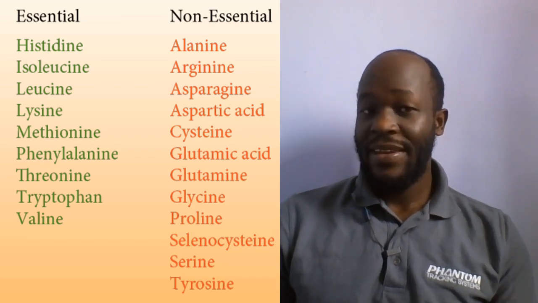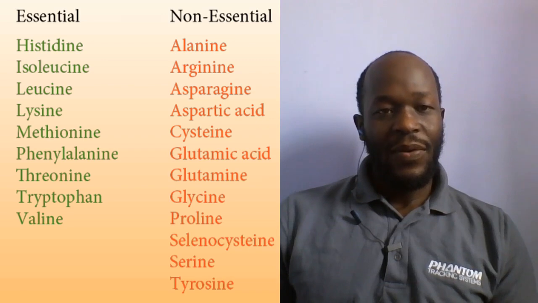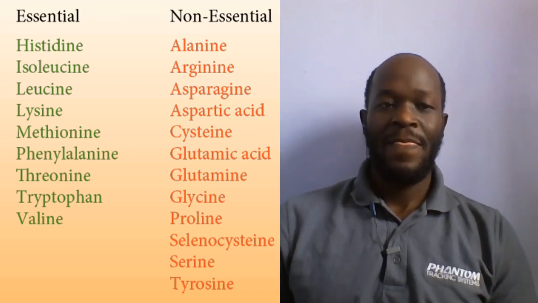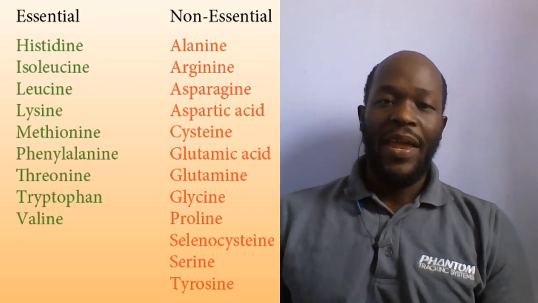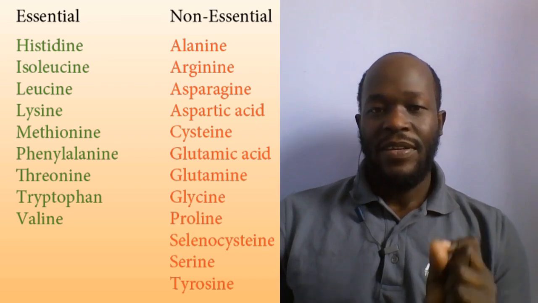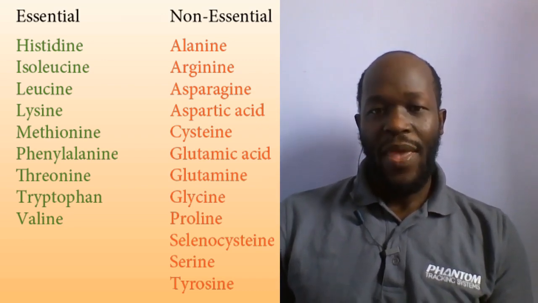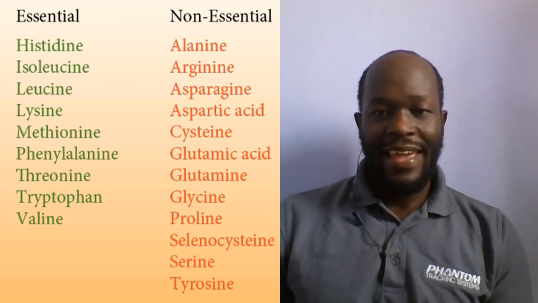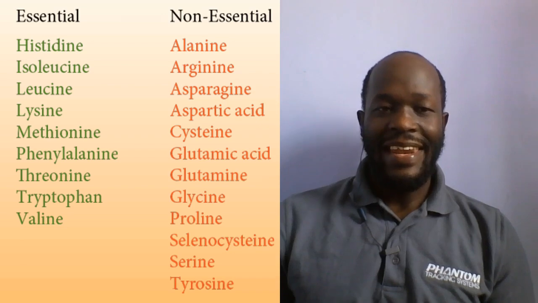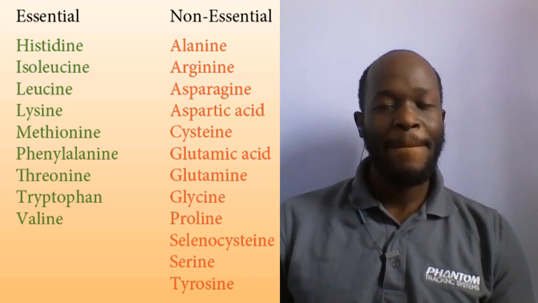We said histamine is produced by the enterochromaffin-like cells. Another essential amino acid is isoleucine. We have leucine, lysine, methionine, phenylalanine, threonine, tryptophan, and lastly valine. I hope you can remember them.